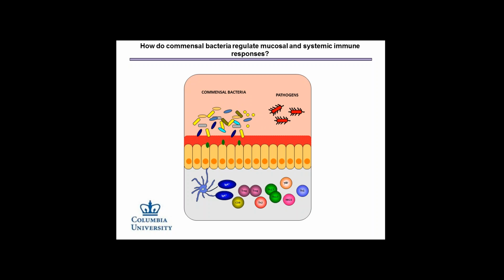And there are feedback mechanisms and interactions between all these players, but what we have been interested in is how the composition of commensal bacteria may affect the composition of the immune system, which is important in the way the organism responds to infection or to another immunological challenge, such as autoimmune inflammation or other pathogenic conditions.